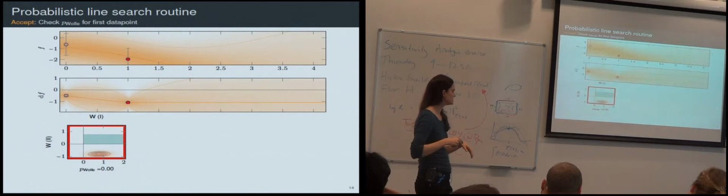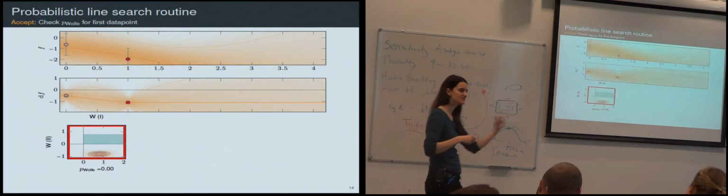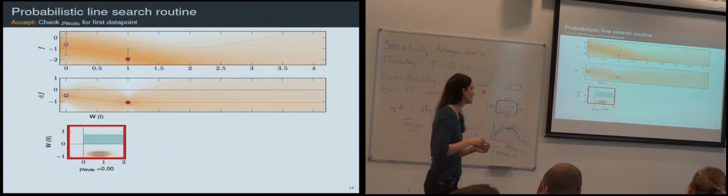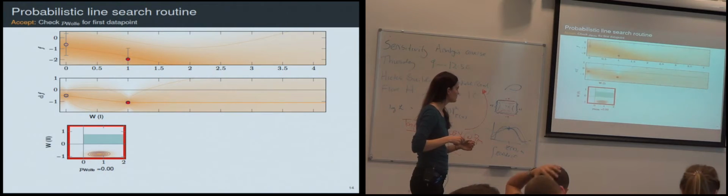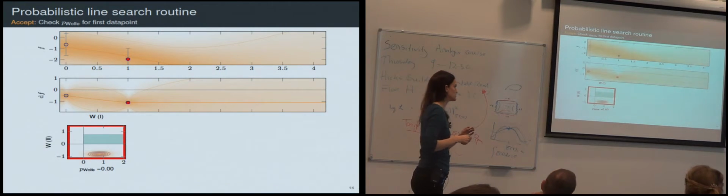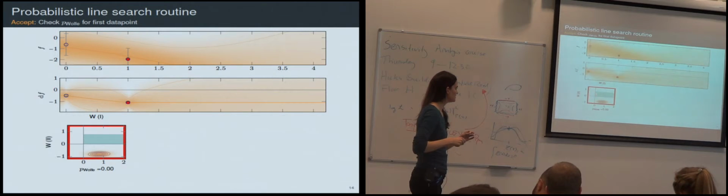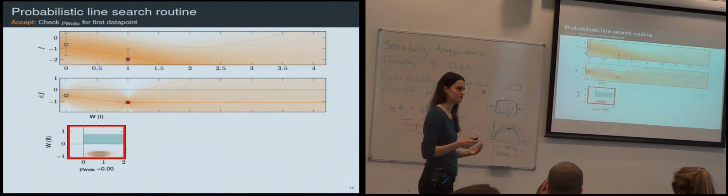And what you see down here is the Wolfe probability. This two-dimensional ghost blob here is the probability density for the Wolfe conditions. For this point to be accepted, we need it to lie inside of the green area to at least some percentage. We've fixed it to a certain value, and we decided it was 30%.